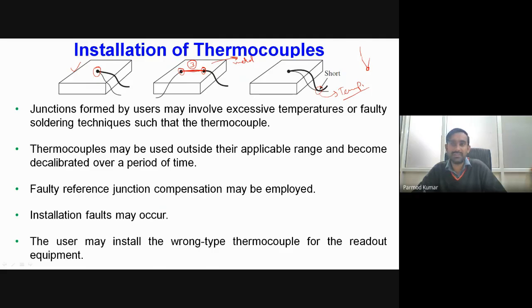We have to take care that our thermocouple should meet only at the bead point, and apart from that there should not be any metallic contact between the two wires. Otherwise, we will have errors in our measurement.